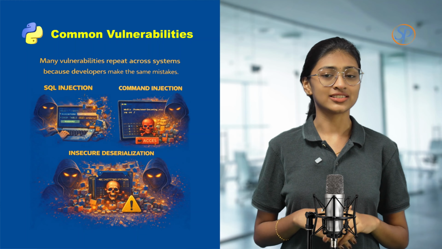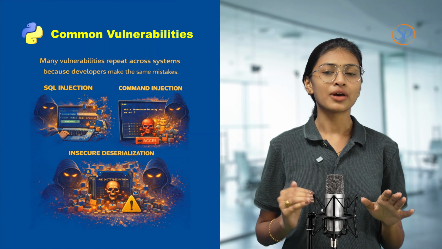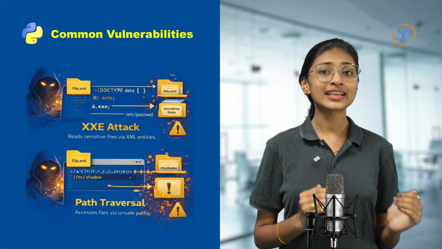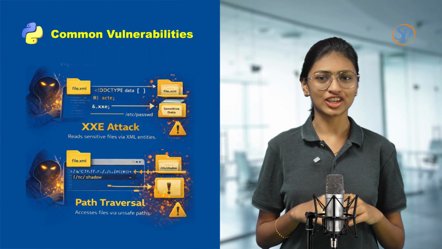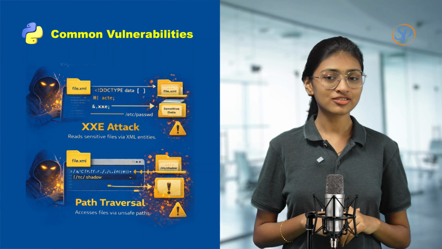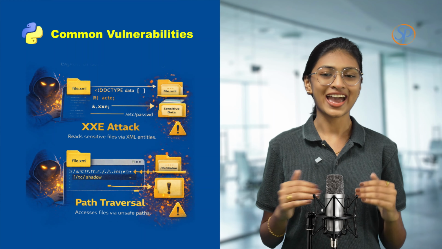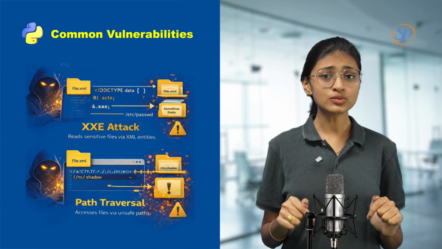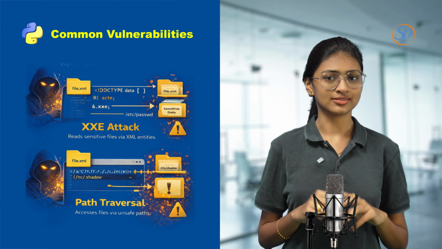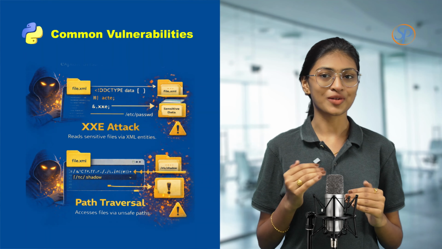Insecure deserialization allows attackers to execute code by manipulating serialized objects. XML processing can also be dangerous. Attacks like XXE and path traversal exploit unsafe file or XML handling. These vulnerabilities exist not because Python is weak, but because developers trust input so much.